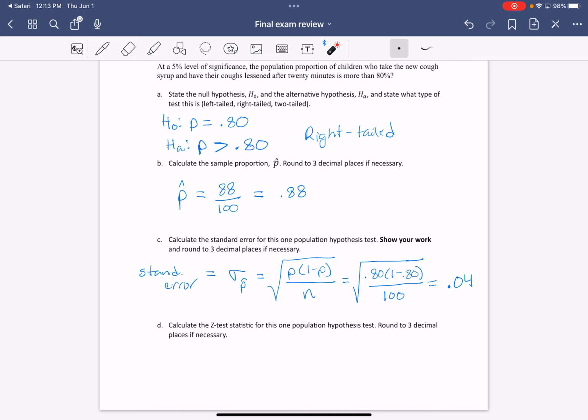Okay, part D. Calculate the z-test statistic for this one population hypothesis test. I am still referencing the formula sheet, still on the front side under hypothesis testing. Right below where it says standard error, we have the z-score: z equals p hat minus p all over the standard error.